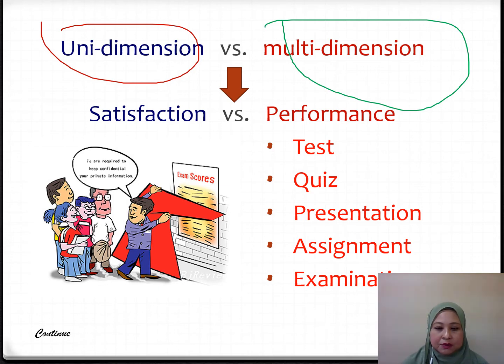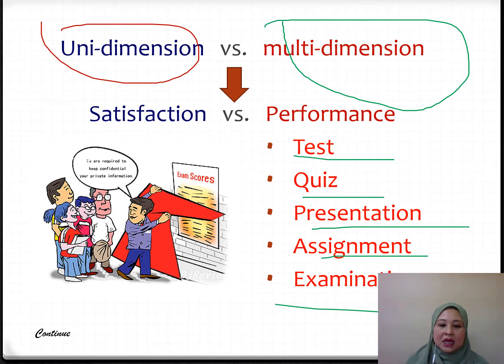When you measure student performance, there are many sub-dimensions involved. Start with the test, quiz, presentation, assignment, examination. There are so many items in one sub-dimension. For test, there are probably 3 to 4 items to measure test and so forth.